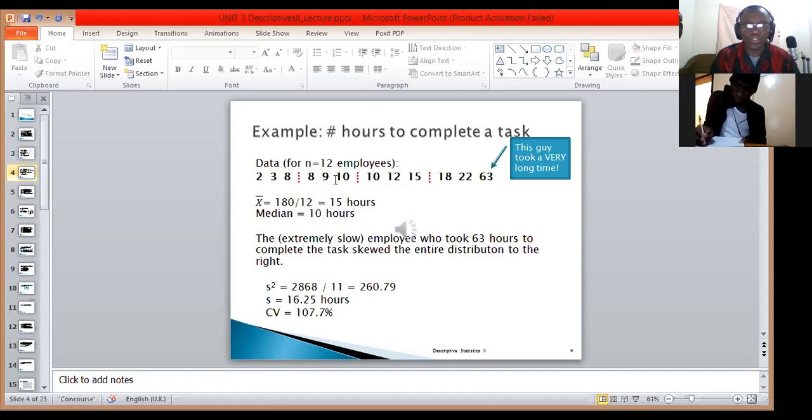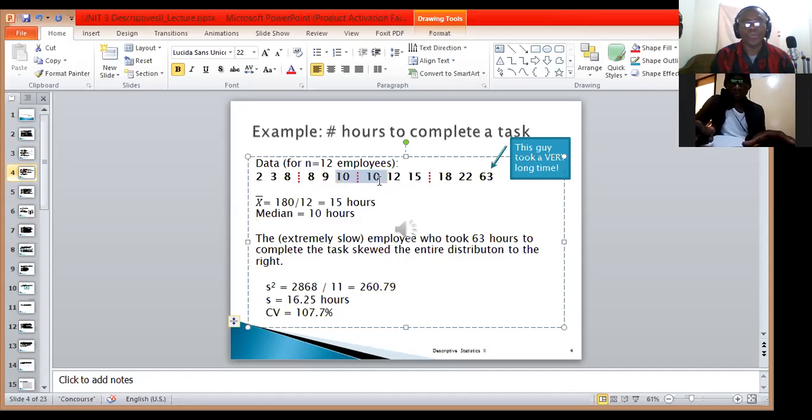We have two measurements at the center, which are 10 and 10. We add those: 10 plus 10 divided by 2 gives 10. So our median is 10.